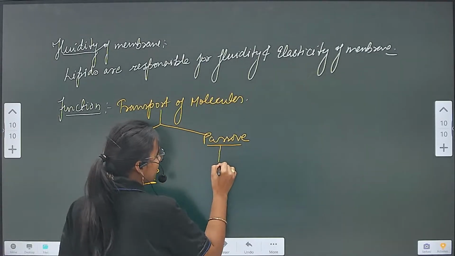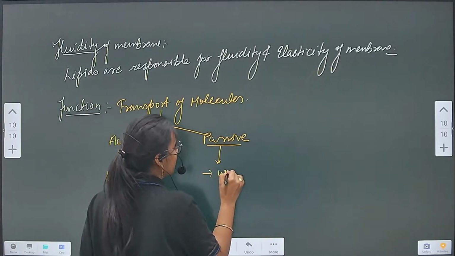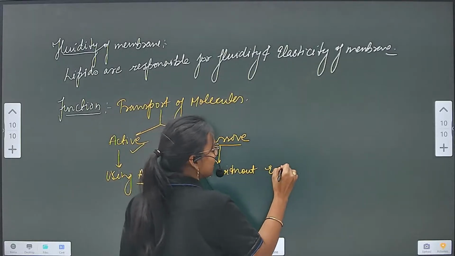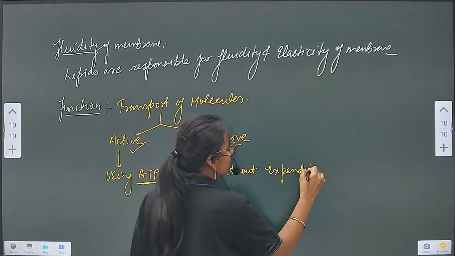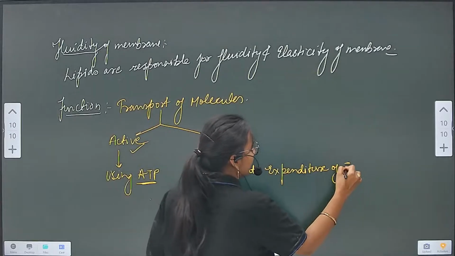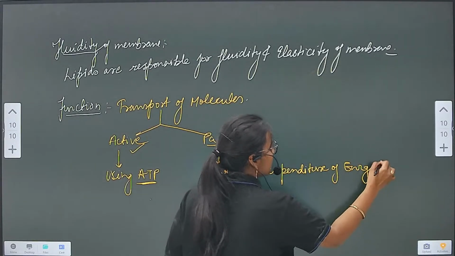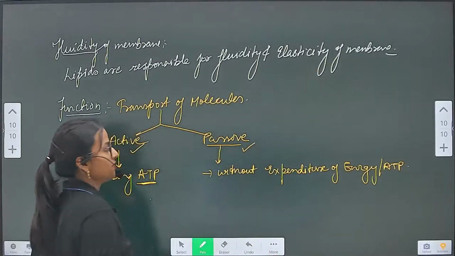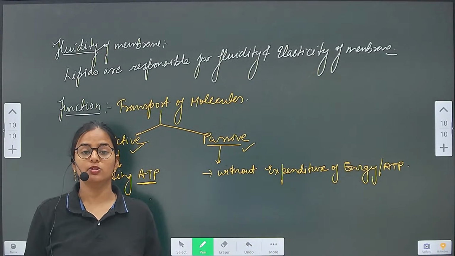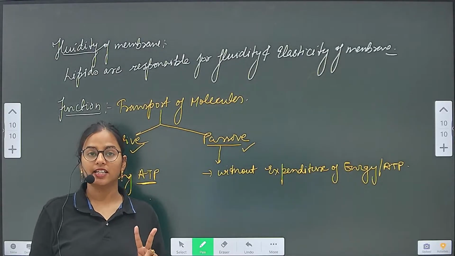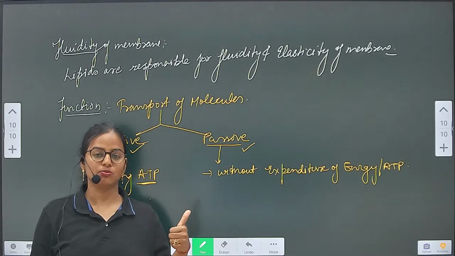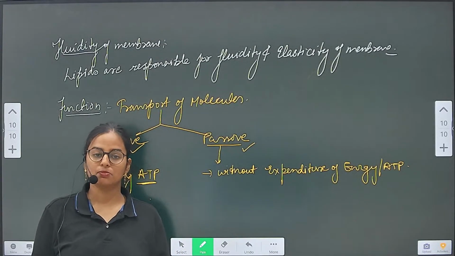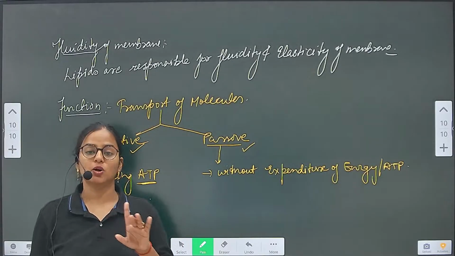And if the molecules are transported without expenditure of energy, that is ATP, then we call it passive. So transport of molecules across the plasma membrane can take place in two ways. One is active transport, another is passive. If it is active, it is by using ATP. If it is passive, it is without any expenditure of energy.